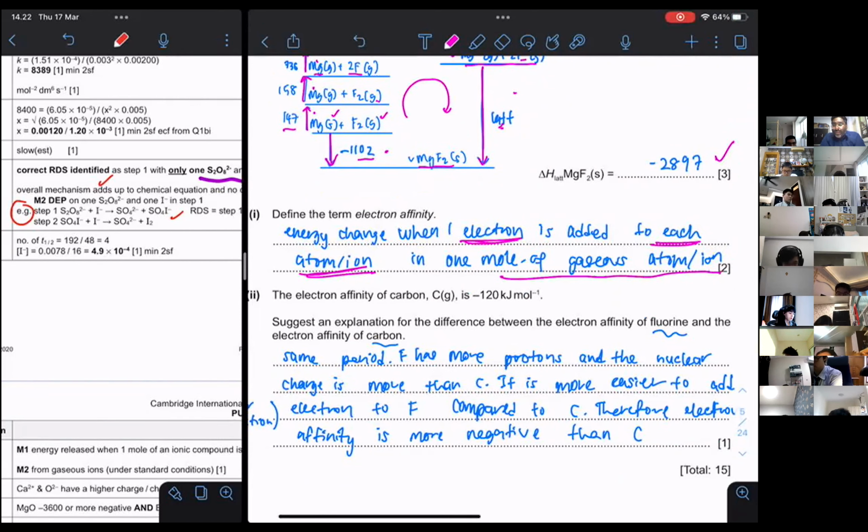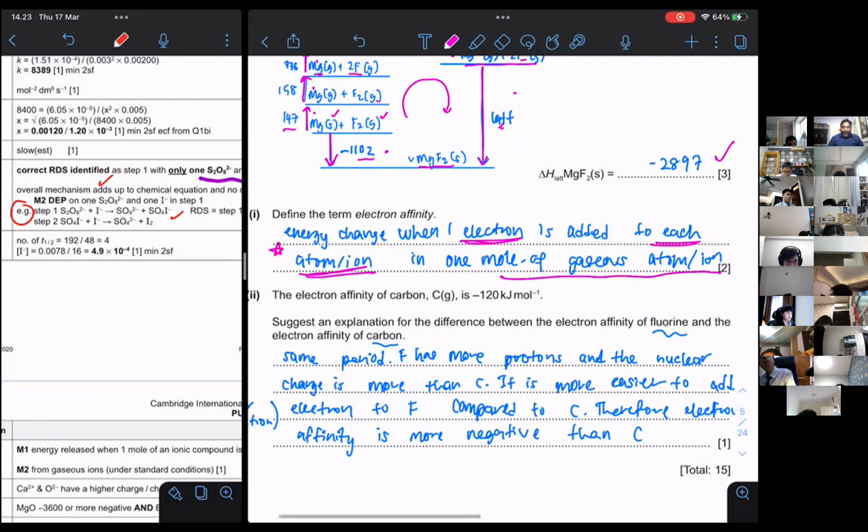This is very important. Do not be specific, be general. But at the same time, rather than saying 1 mole of electron, when I see the marking key, they always write down 1 electron is added to each atom or ion in 1 mole of gaseous atom. So try to use this way of writing the definition for electron affinity.